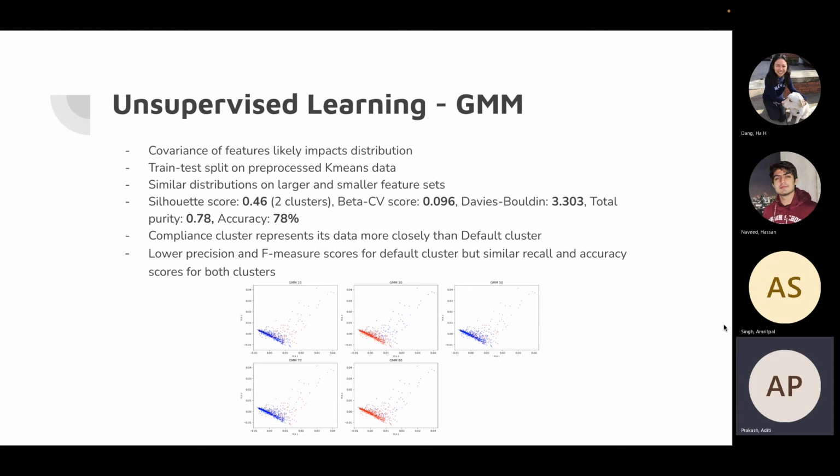The recall and accuracy scores were similar for both clusters, but the default cluster had a lower precision and F measure score, which is likely due to the fact that there's more compliance data that our GMM model ran on compared to default data.